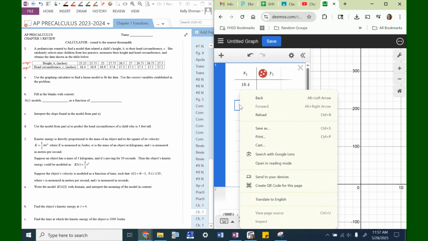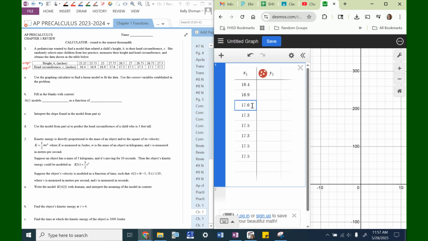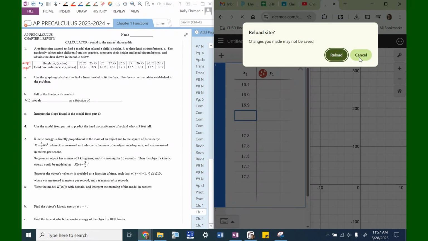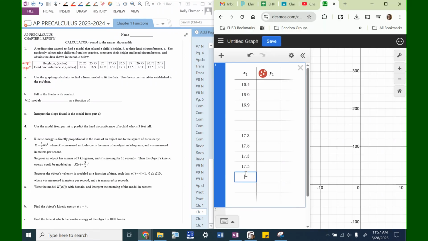Let's see. 16.4, 16.9, another 16.9. Can we insert? No. Okay. You're seeing me learn about Desmos in real time. Okay, let me just start that over.